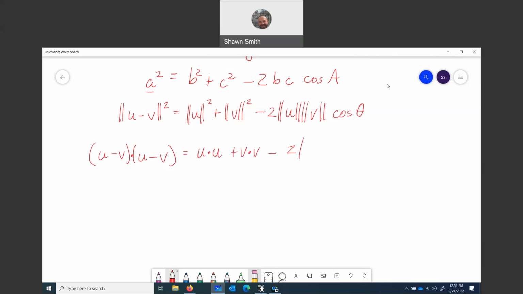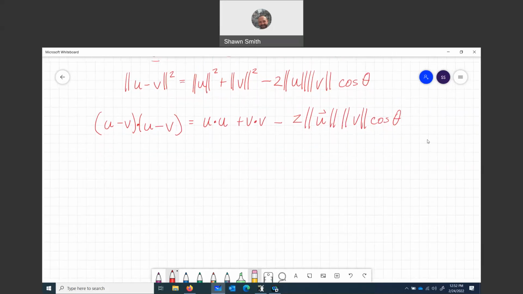This is 2 times the magnitude of U times the magnitude of V times cosine of theta. Still with me? It's just simplification and substitution really.